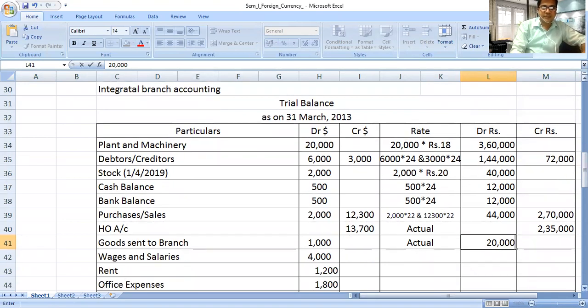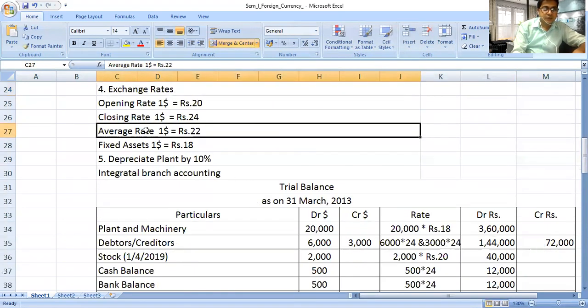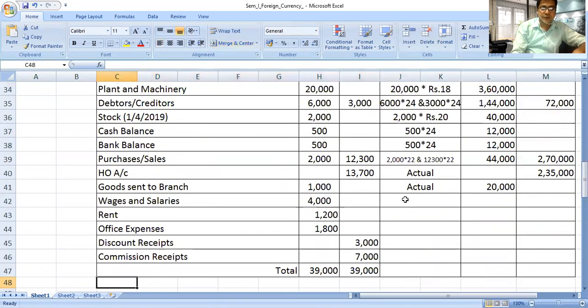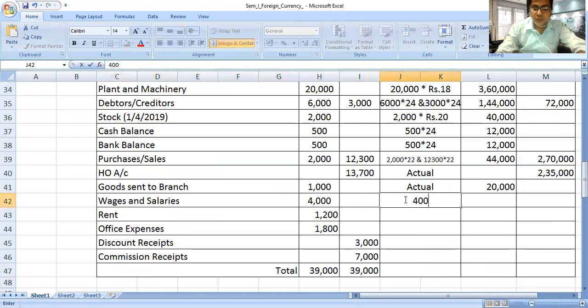The next is wages and salaries. Wages and salaries are expenses. Whenever we record expenses, we have to consider the average rate. The average rate is rupees 22 per dollar. So we write 4,000 into 22.